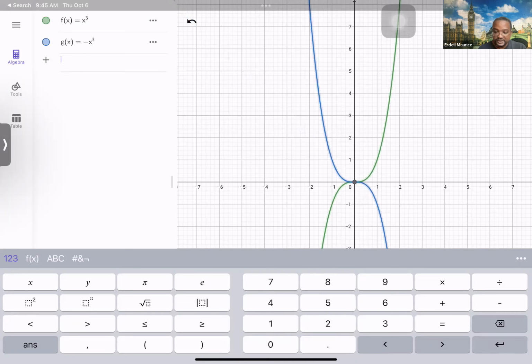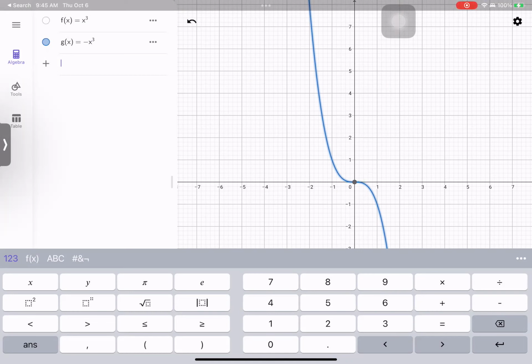Notice right here, now it's upside down in blue. It got reflected over the x-axis. Let me turn this one off. You can see right here, I get the upside down. And so putting that minus sign in front of the function causes it to flip upside down, or in other words, reflected over the x-axis. Questions there?